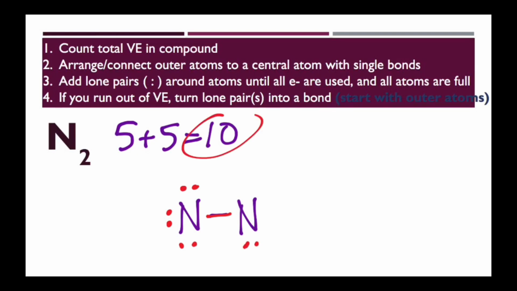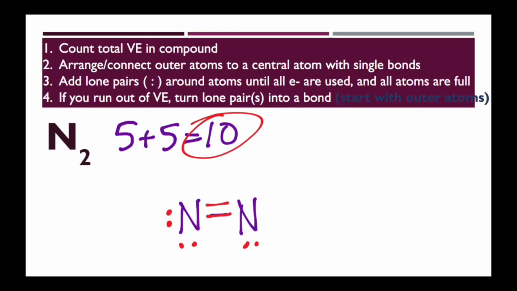Ran out of electrons, and I'm missing a lot of electrons here around this N, so I'm going to take some from the N that is all nice, full, and happy. So make those a double bond. Now I still have only used 10 electrons, and this nitrogen over here is still happy, 2, 4, 6, 8 around it, but this one still only has 2, 4, 6 around it.